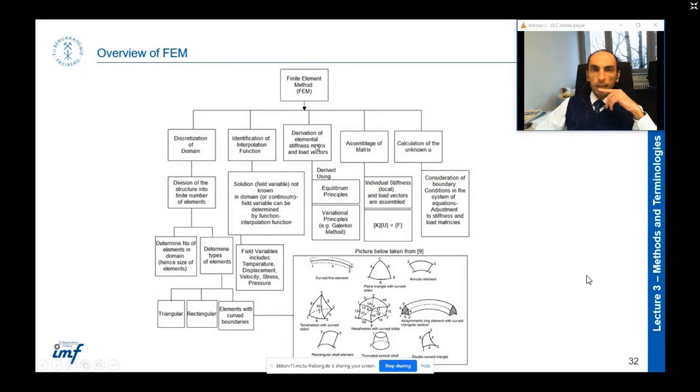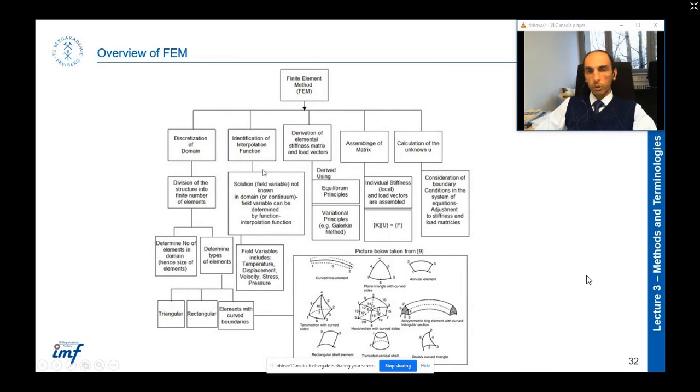And then we have the derivation of the elemental stiffness matrix and load vectors. Just in the recent slides, we talked about it. And then we should assemble all these together and finally obtain the result. So this is the general structure of FEM.